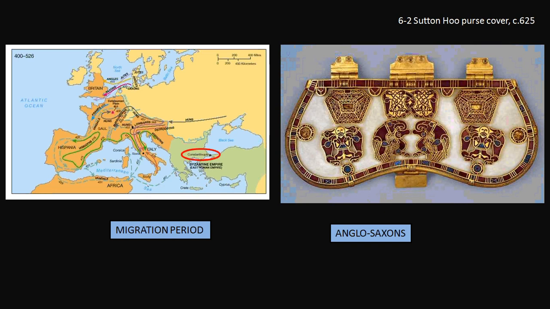In one of the art fixes, we talked about the Anglo-Saxons moving into Britain as part of this migration of people into the old Roman Empire. This also brought the Lombard peoples into northern Italy, which is why we call it Lombardy today. It also brought the Burgundian people into Burgundy, which is why we call that region that way.